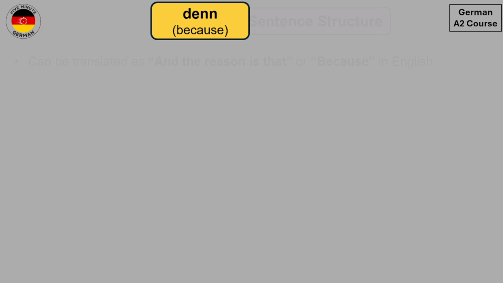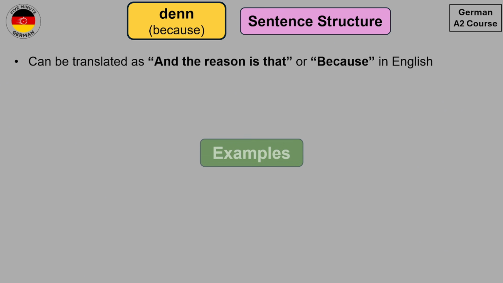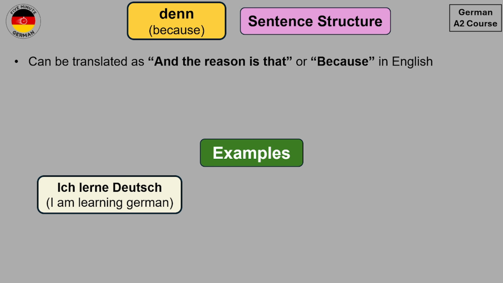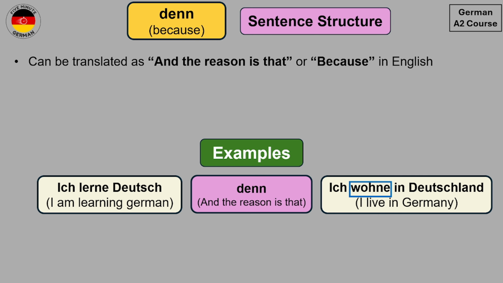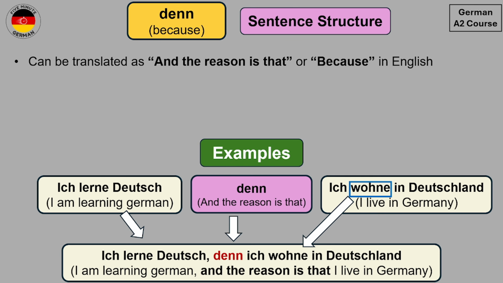So let's take a look at the sentence structure of denn. So suppose we have the sentences Ich lerne Deutsch and Ich wohne in Deutschland. And in both of these sentences, the verb is at the second position and we can connect them with denn. So when we connect these two sentences, then the sentence will be Ich lerne Deutsch, denn ich wohne in Deutschland. Now when you take a look at this sentence, then you see that the first part of the sentence, which was Ich lerne Deutsch, remains as it is and there is no change.